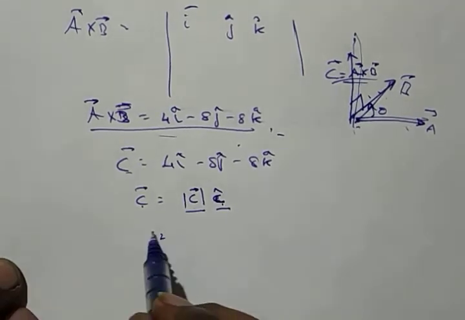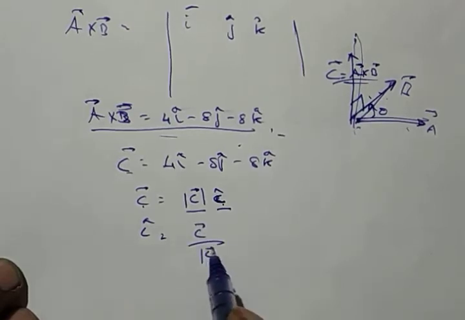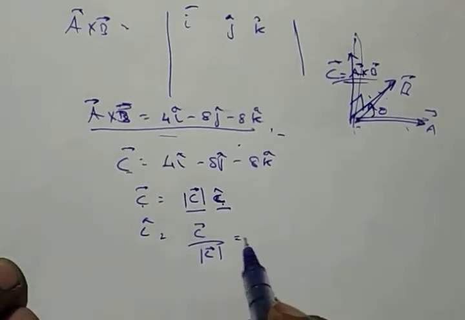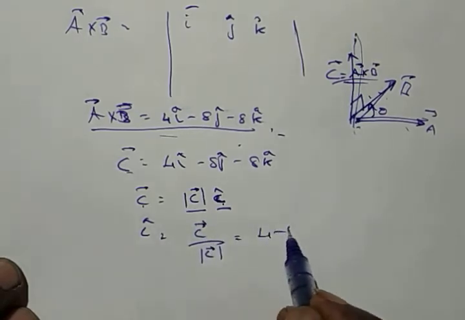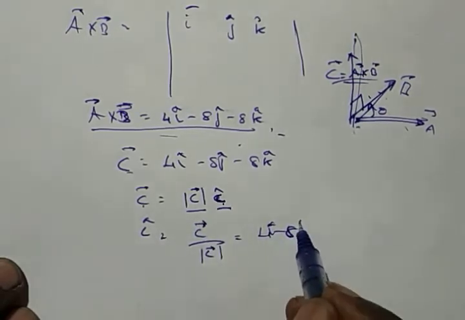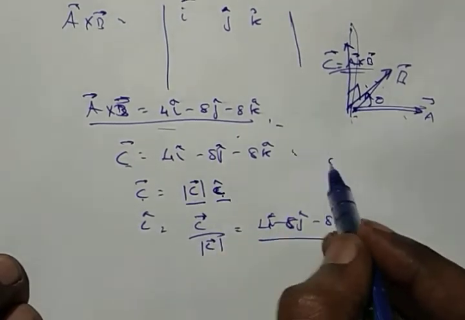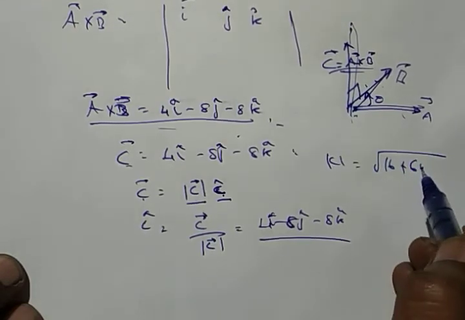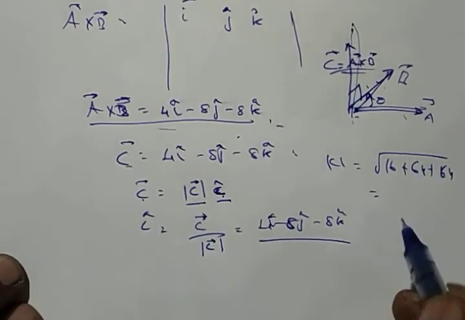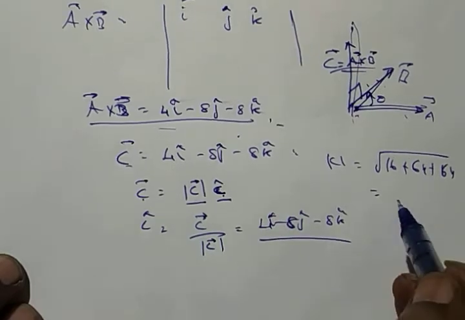So what is C cap then? C vector upon C modulus. So it is 4i cap minus 8j cap minus 8k cap upon the modulus of this one. What is the modulus of this? It is going to be 16 plus 64 plus 64. So that will be 80, and 80 plus 64.